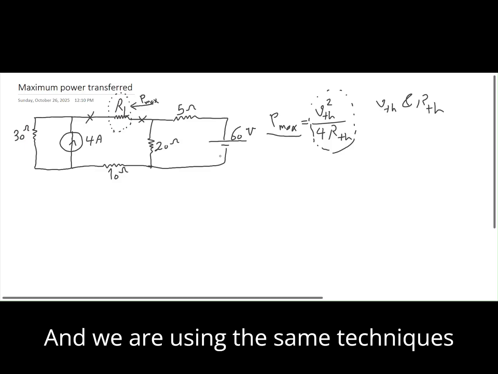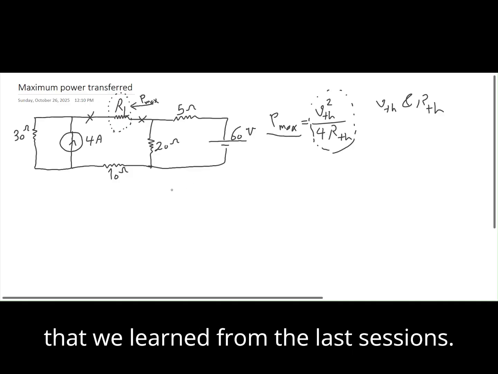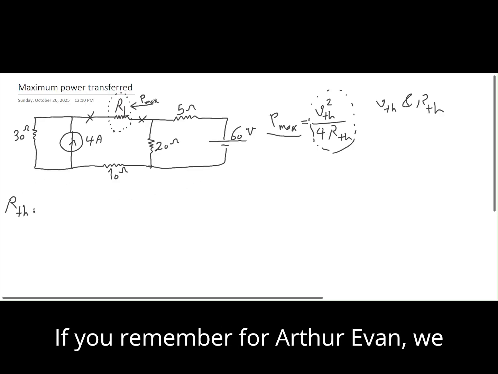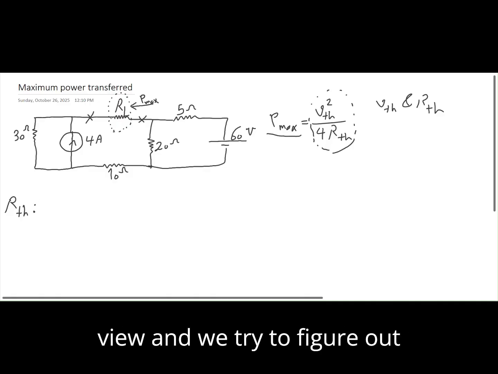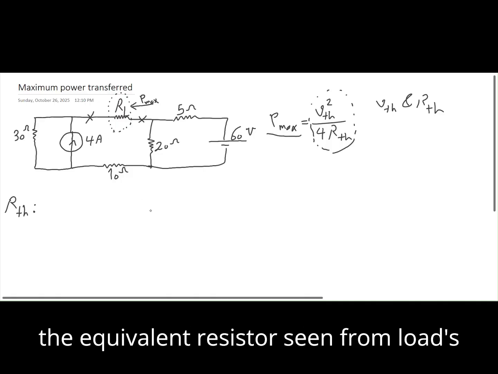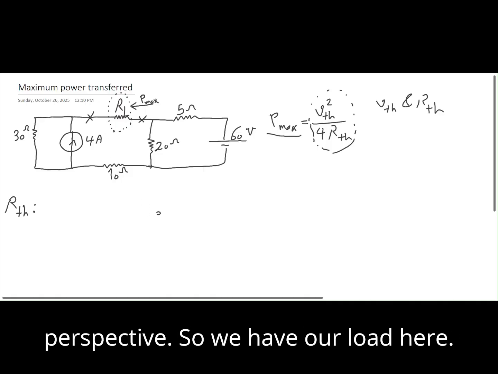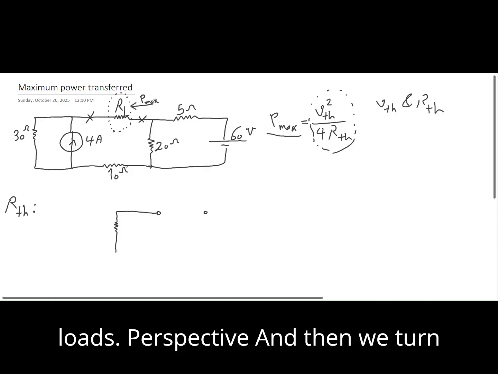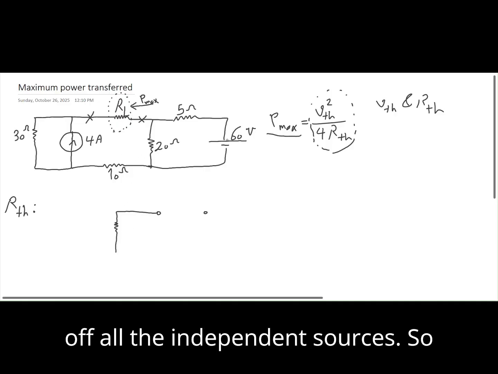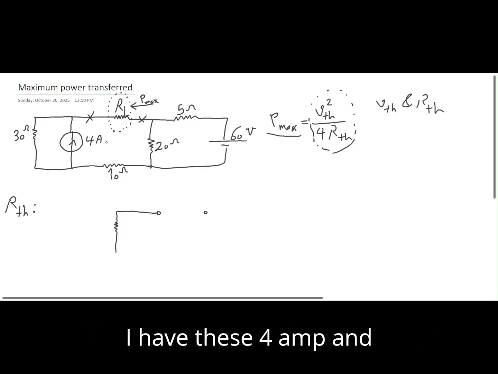And we are using the same techniques that we learned from the last sessions. If you remember, for R Thevenin, we open the circuit from the load's point of view and try to figure out the equivalent resistor seen from the load's perspective. So we have our load here. I open the circuit from my load's perspective, and then we turn off all the independent sources.